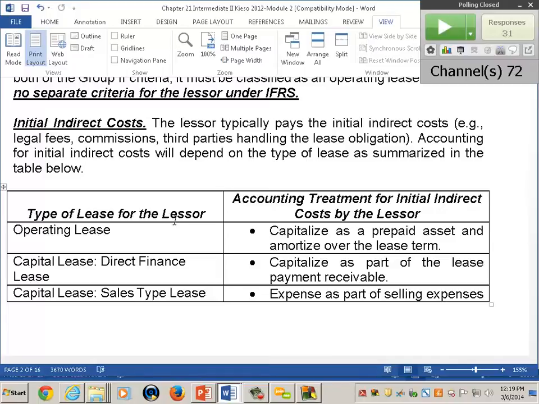First of all, if you look at the sales type lease, the fact that you can recognize dealer profit right out of the box. As soon as you sign the lease, I can book sales and cost of goods sold. I accelerate revenue recognition. So I will get more revenue up front with a sales type lease than I will with an operating lease.